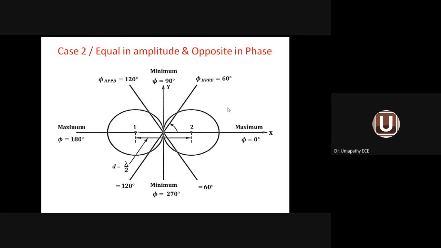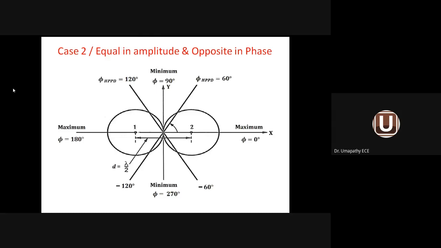Now this one is the radiation pattern available. Just have a look at the diagram. Totally, this diagram is opposite to case 1. In case 1, we saw the figure of 8 in the vertical position. In case 2, we are seeing the figure of 8 in the horizontal position.